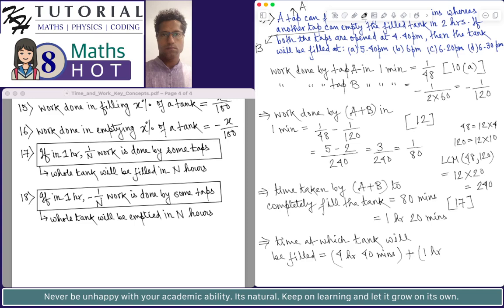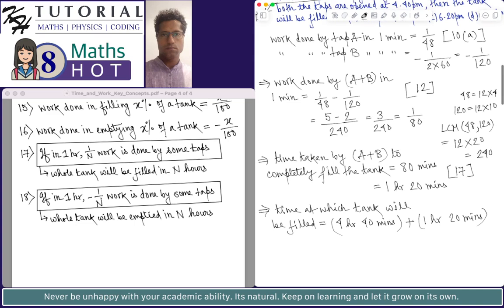I am not sure whether this way of calculating time is correct or not, but I hope you will understand. This is equal to 5 hours 60 minutes, which is equal to 6 hours.